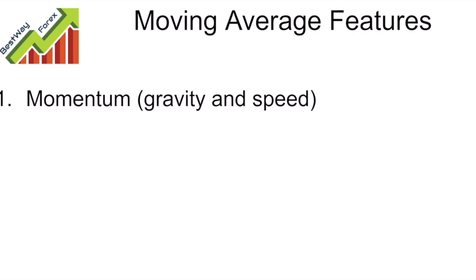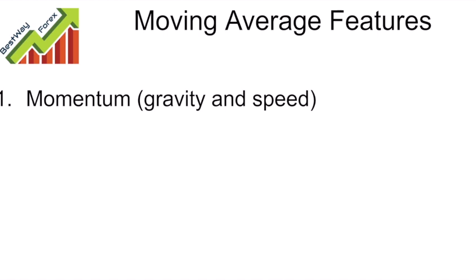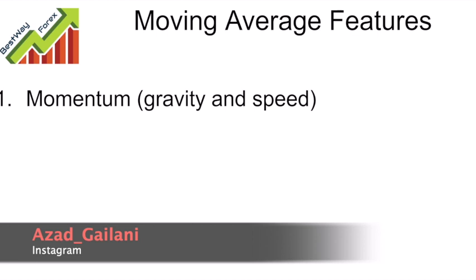The closer it is to its moving average, the weaker it is, and that means there is a gravity pulling the price toward that moving average, whether pulling it down from above or pulling it up from below. So that is the gravity pulling the price when it goes close to its moving average.